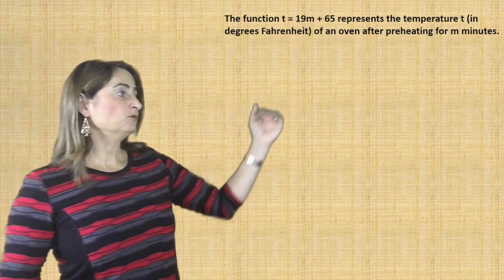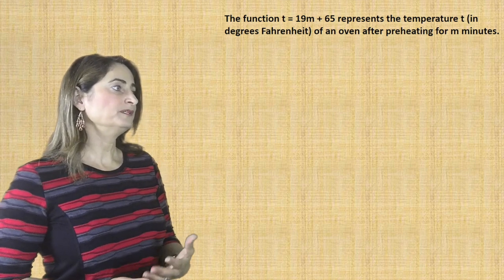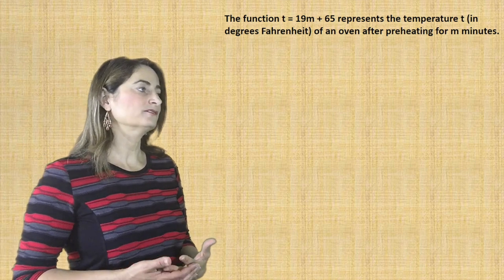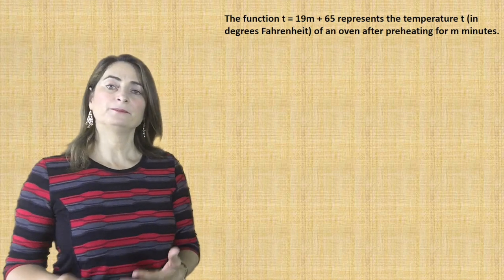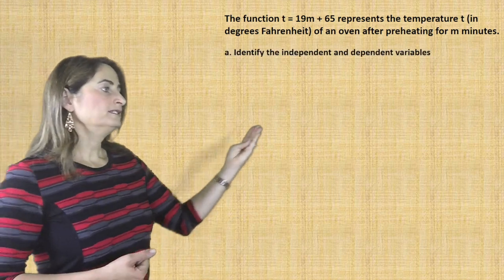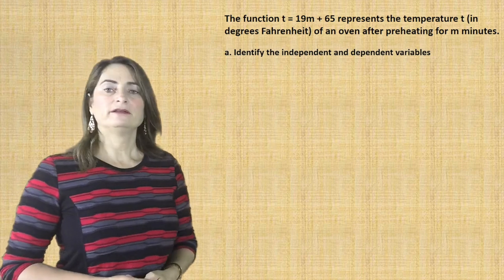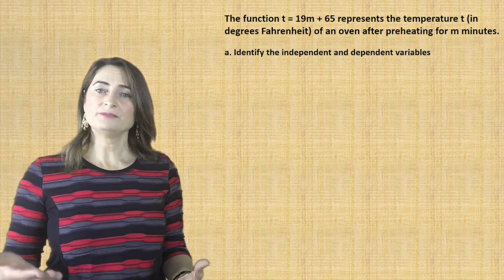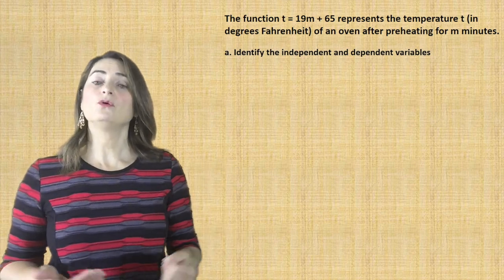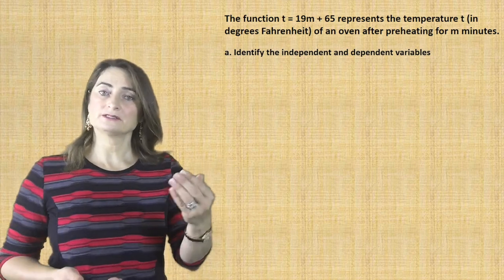The function T equals 19m plus 65 represents the temperature T in degrees Fahrenheit of an oven after preheating for m minutes. Identify the independent and dependent variable. What do you think? Which value depends on the other? Does the temperature depend on the time, or does the time depend on the temperature?